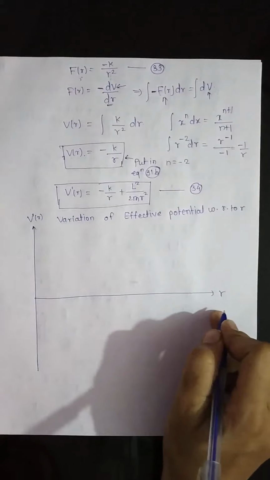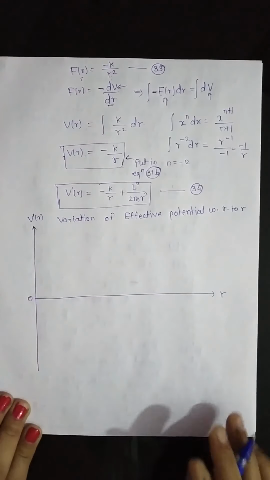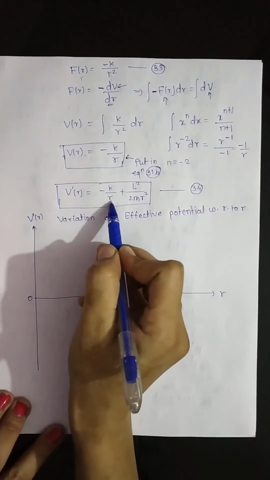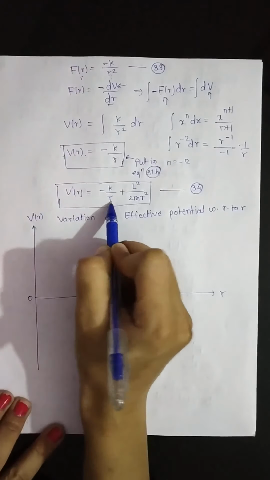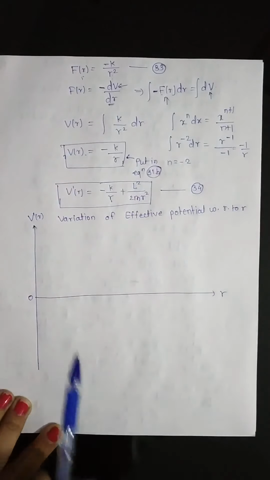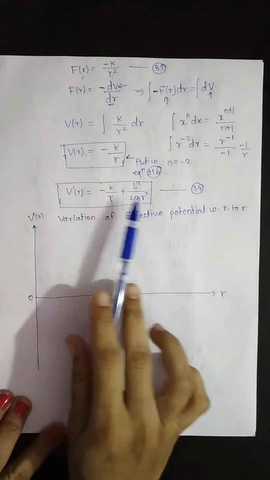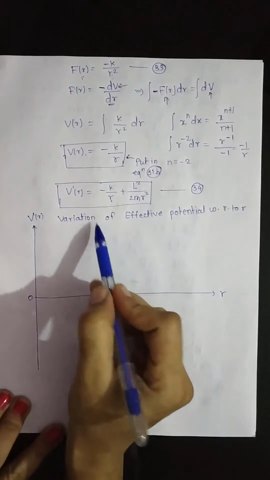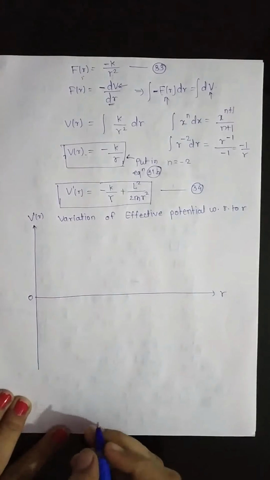Now here, let's say this is our origin. In V' we are having two terms, minus k by r and plus L square upon twice m r square. So there is addition of these two terms. First I will plot this minus k by r.